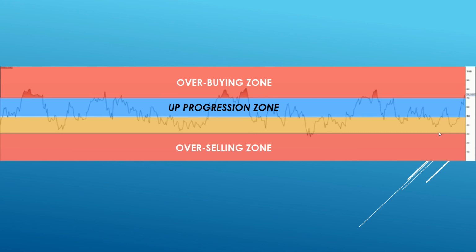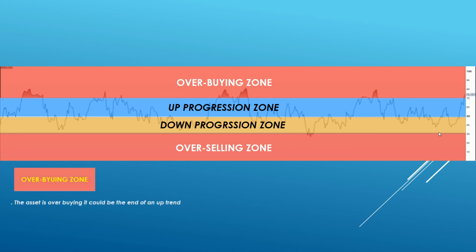From 50 to 30 is a down progression zone. So it progresses the opposite way, the selling is getting stronger and going down. When we are in the up, we are progressing to the high, and when we are in the down, we are progressing to the down.